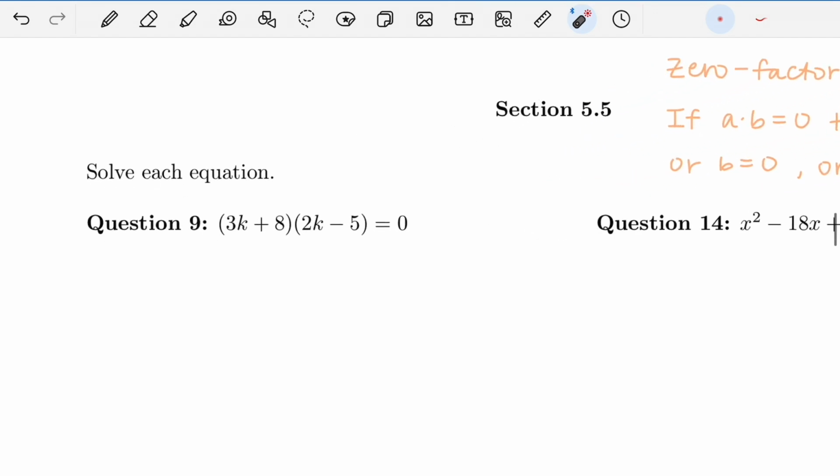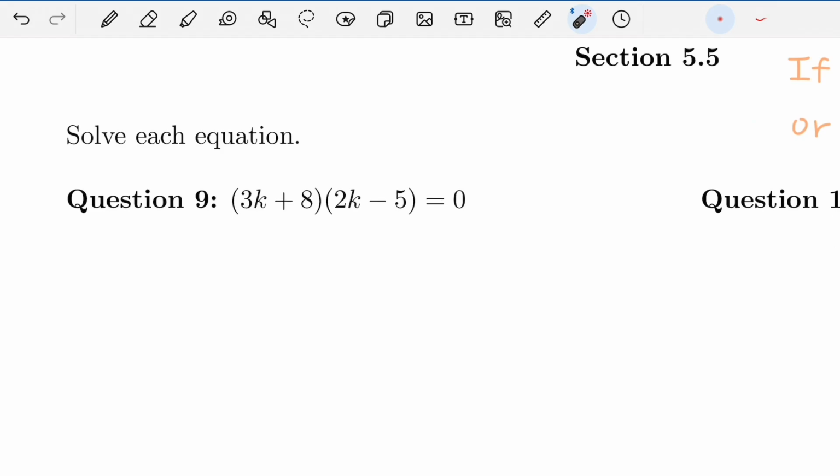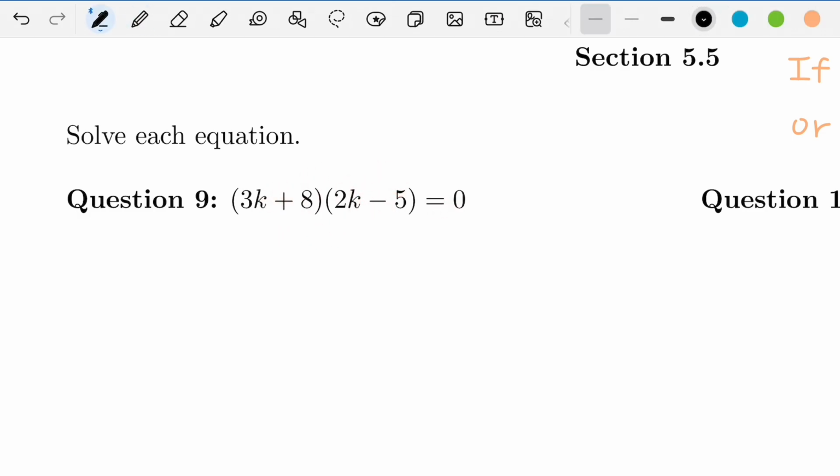So let's start with question 9 here. We are taking the product of these two binomials, and we say that their product is equal to 0. So in this case, we can think of this as A and this as B, thinking in terms of our zero factor property.